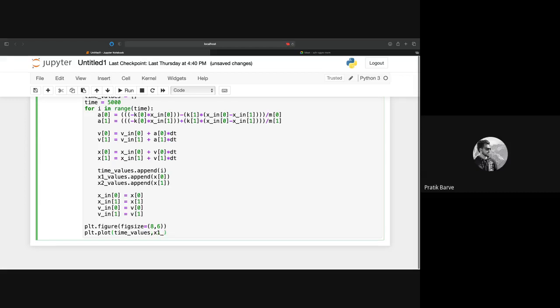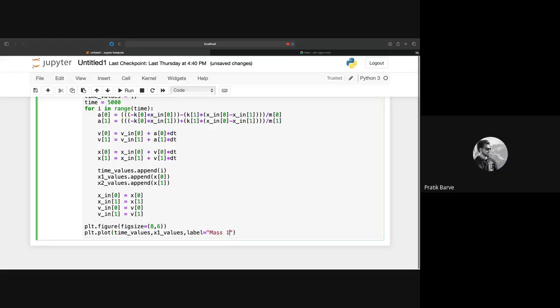So this is displacement of x1. Let's put a label to this, for mass 1. We'll copy this whole thing again. This is time values versus mass 2. Label for mass 2. Let's put legend.